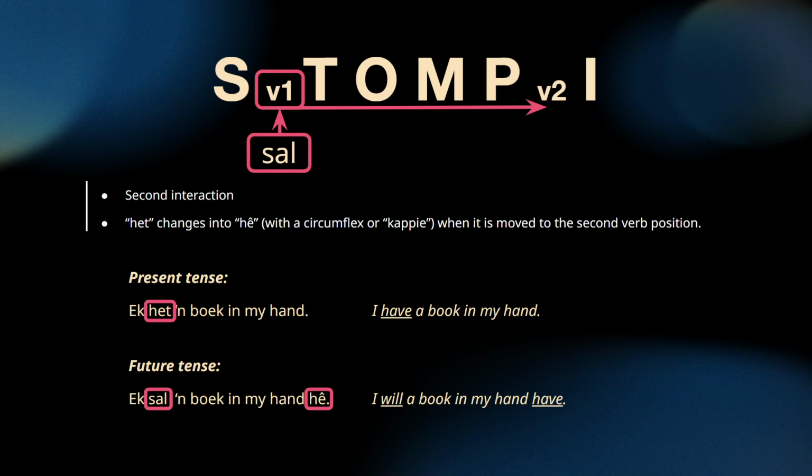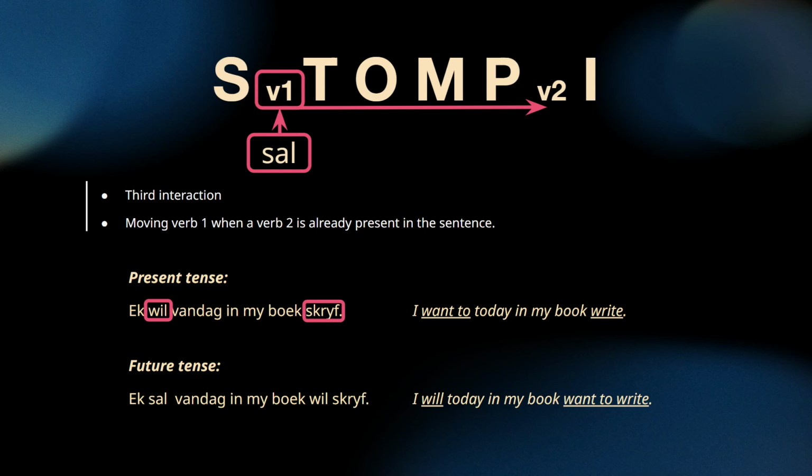And that's it. In my third interaction, we want to take a look at what happens if I already have a verb in my second verb position. Now, we already spoke about this in our video on word order, but it's important to note nonetheless. Ek wil vandag in my boek skryf. Wil in Afrikaans does not mean will. Wil means I want to. It is my will. So ek wil vandag in my boek skryf. I want to today in my book write, or I want to write in my book today.